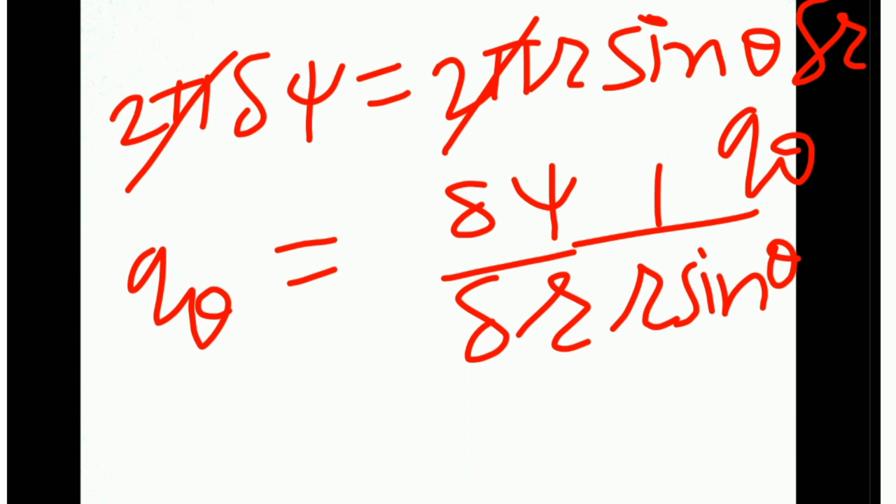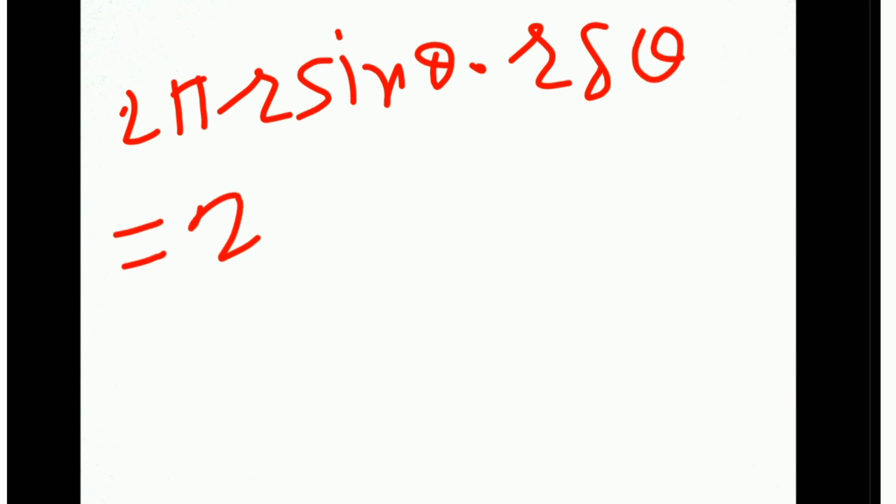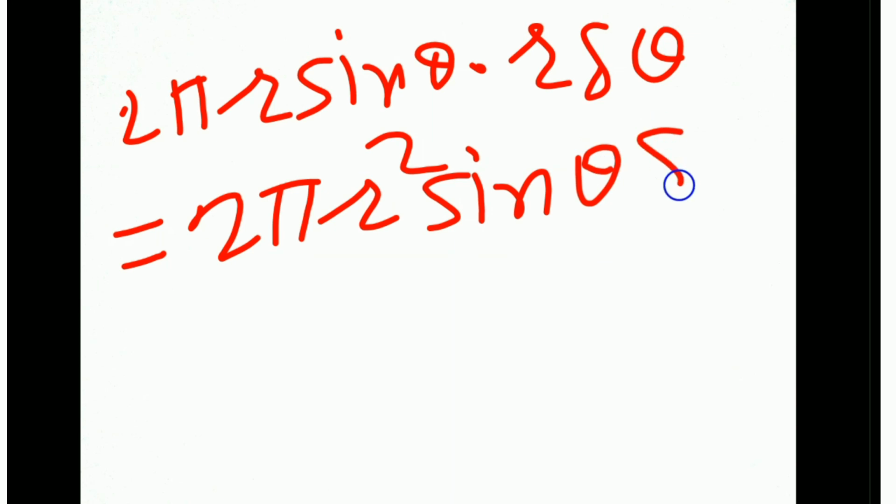So if we take delta s equal to r delta theta, the area of the surface of revolution about OZ is 2 pi r sin theta into r delta theta, which is equal to 2 pi r square sin theta delta theta.